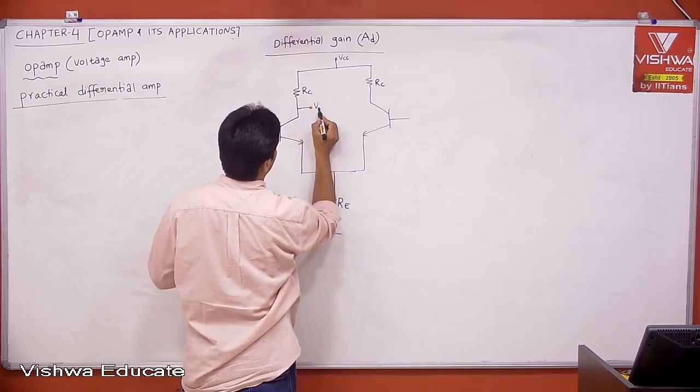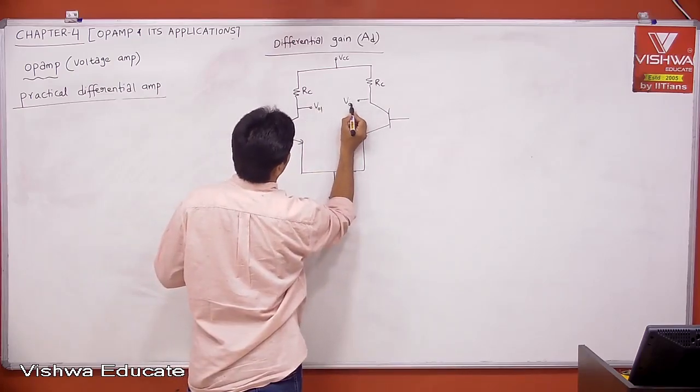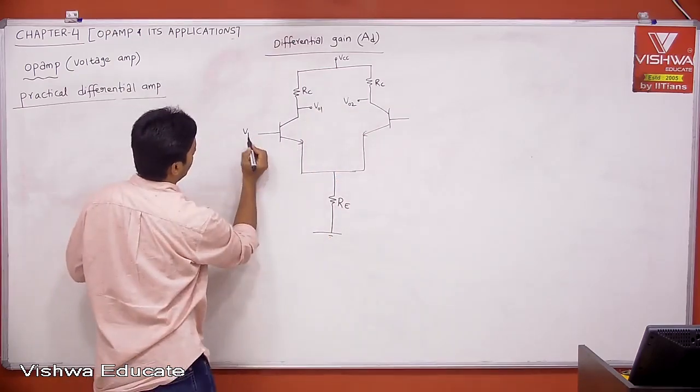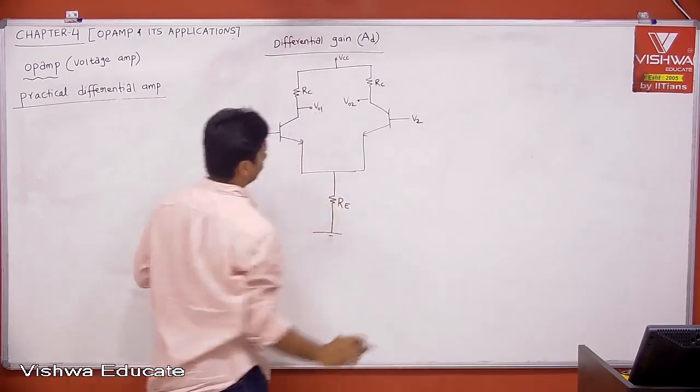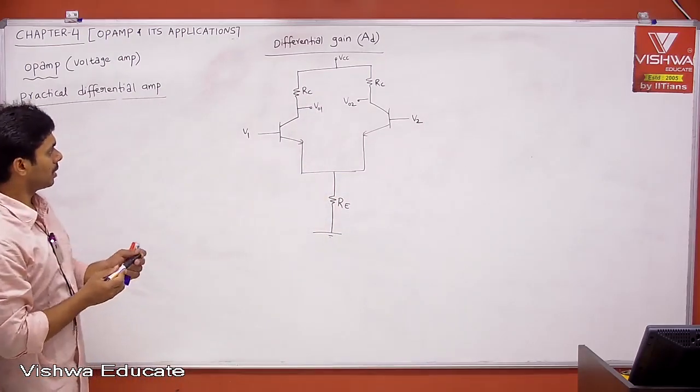This is your V0, V02, V1, V2. Okay. Now let's see.